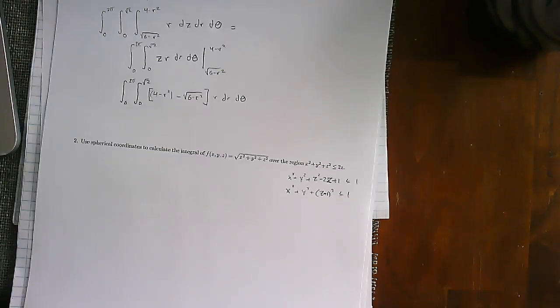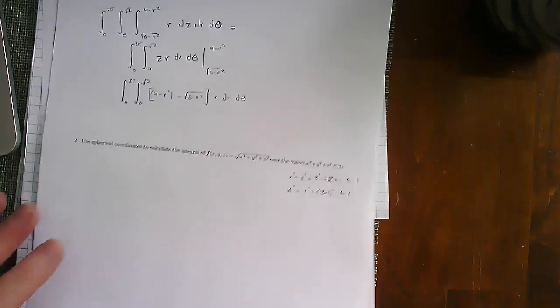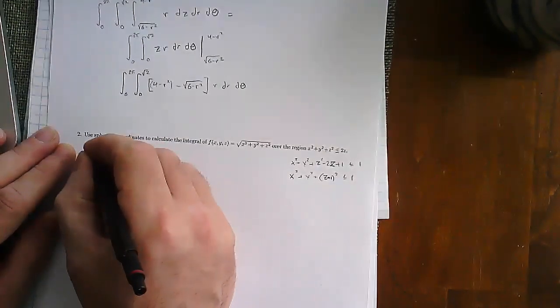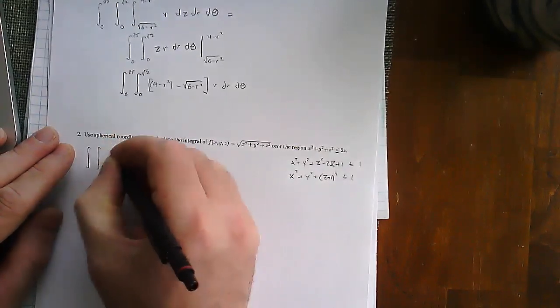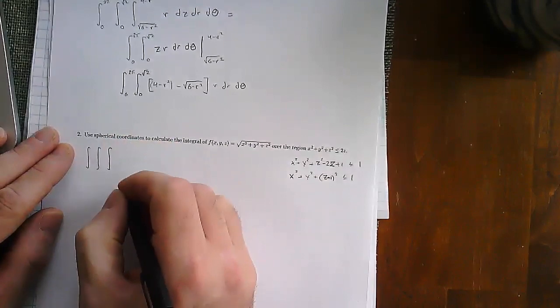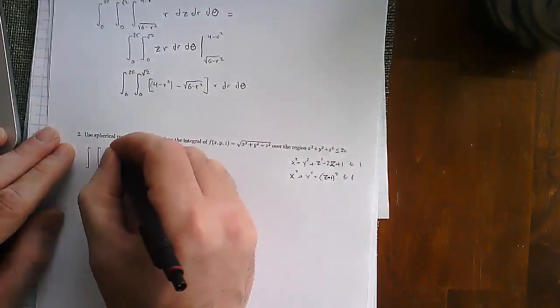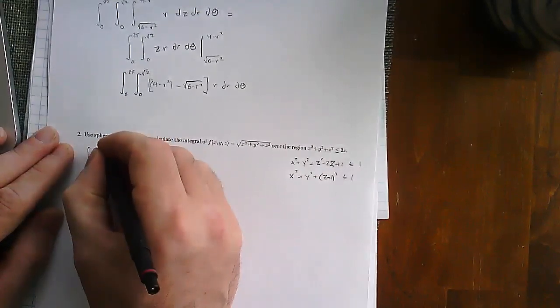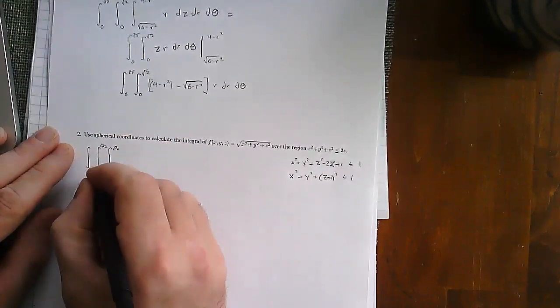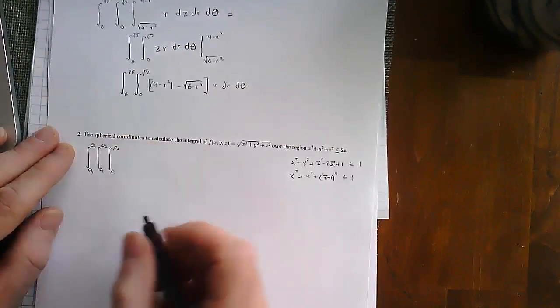Okay, so let's start to set this up here. So we're going to have a triple integral. And I'm going to write it in its general form first. So we're going to go from rho 1 to rho 2, from phi 1 to phi 2, and from theta 1 to theta 2.